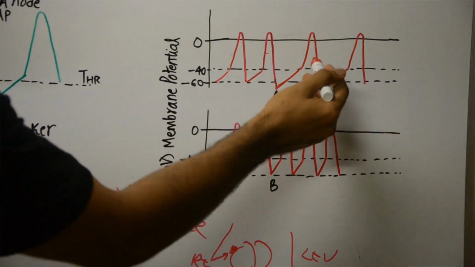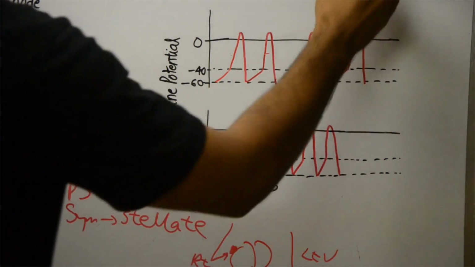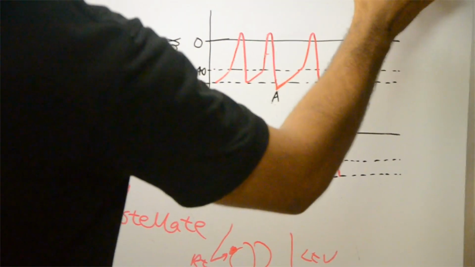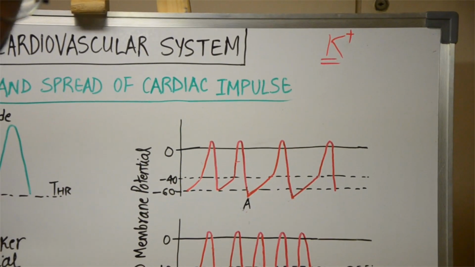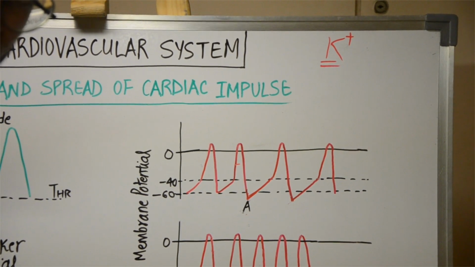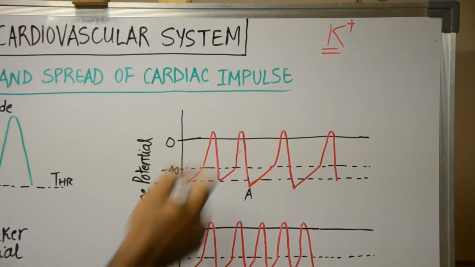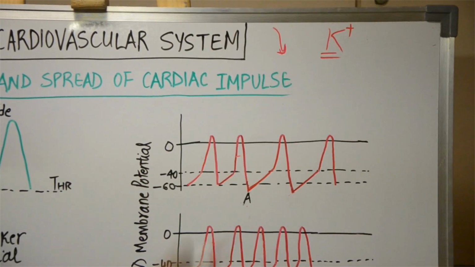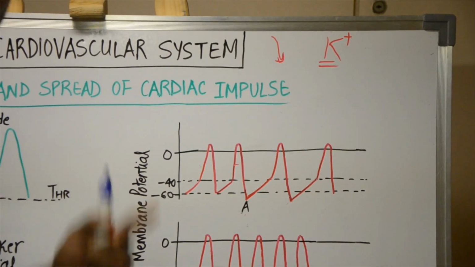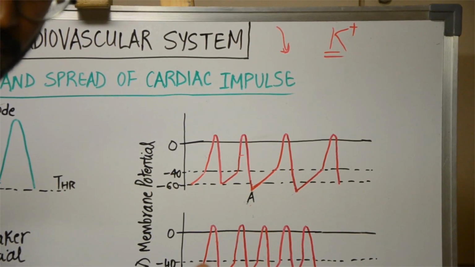So why does this occur? Because vagus leads to opening or stimulation of potassium channels. It increases the permeability of potassium in the SA nodal fibers. If the permeability of potassium increases, we know it causes hyperpolarization. If the membrane is hyperpolarized, it is difficult to be stimulated.